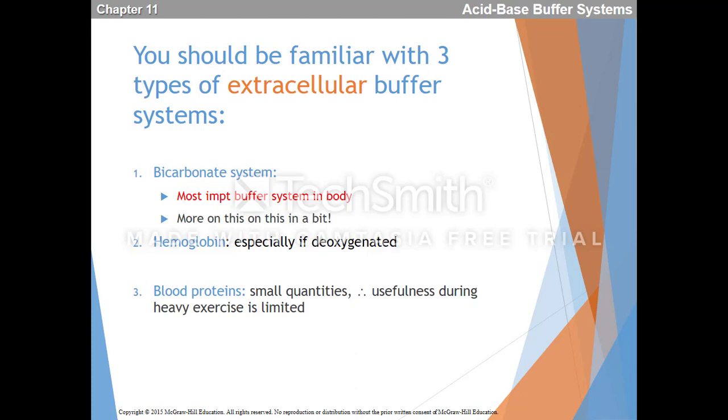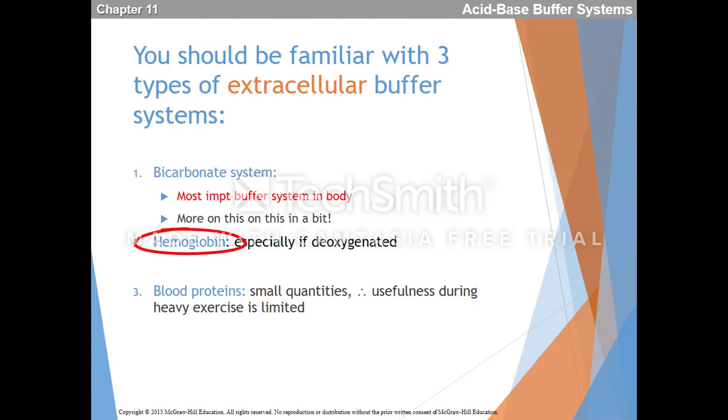So for extracellular buffer systems, you should know that we have three different types. We have the bicarbonate system, the hemoglobin system, and blood proteins. The most important buffer system in the body is the bicarbonate system. We'll talk about this more a little bit on the next slide, so I'm going to come back to that one. Our second extracellular buffer system is hemoglobin.